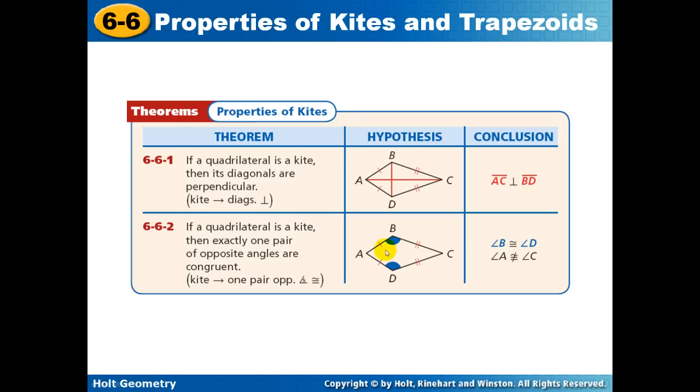You can see AB and AD are congruent, and BC and DC are congruent. The angles that are congruent, B and D, highlighted here in blue, are the ones in between your two sets of sides, the ones that are not included between congruent sides. So not A and C, which are made up of congruent sides intersecting. They're the ones where the non-congruent sides meet.